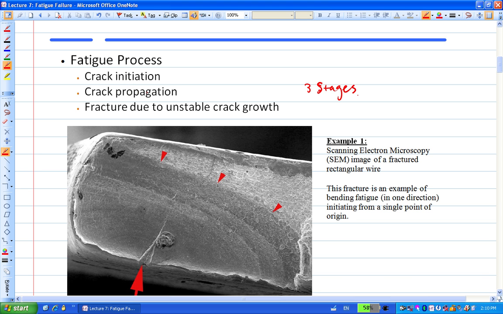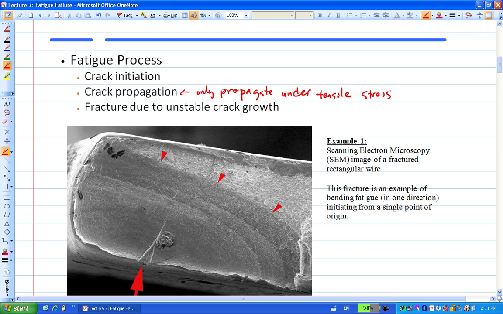You need to understand that the crack only propagates when it's under tensile stress. So that's one of the things that you need to understand. This portion here only propagates under tensile stress.